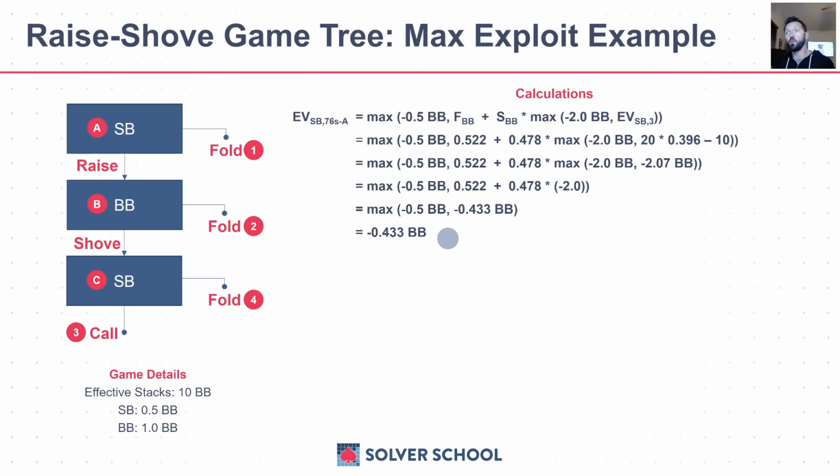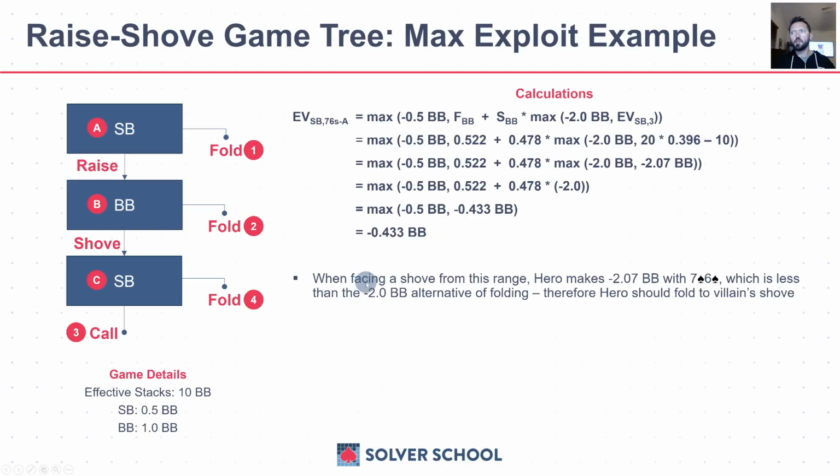What we can see here is that losing -0.433 BBs is going to be better than losing -0.5 BBs. That's going to the second point here: when facing a shove from this range, hero should always fold to the villain's shove, because calling and losing 2.07 big blinds is worse than folding, which loses 2 big blinds.